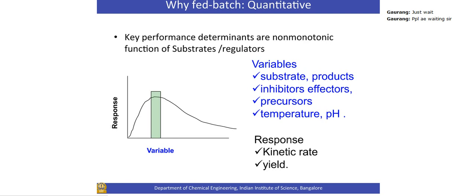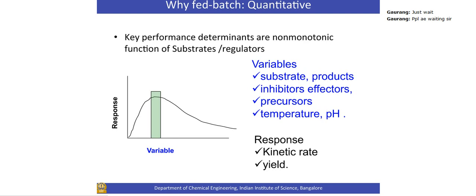Now, if I were to summarize all the complex behavior into a simple, easier to quantify behavior, I can say that the key performance determinants of the process are non-monotonic functions of substrate or regulator. What is a non-monotonic function? Let's say on the x-axis, we have certain variables which can be substrate, product, temperature, pH, and so on.